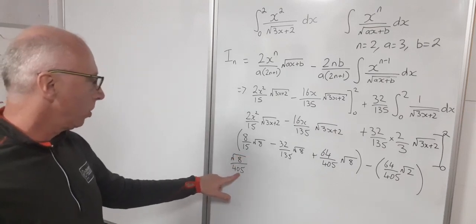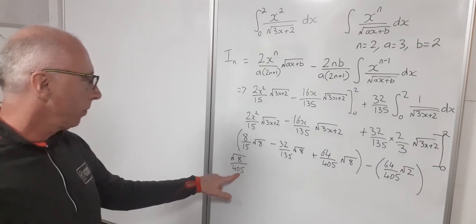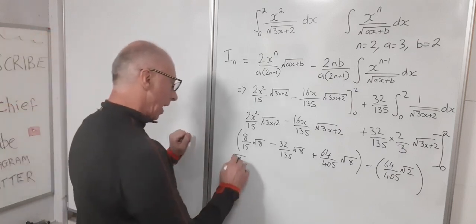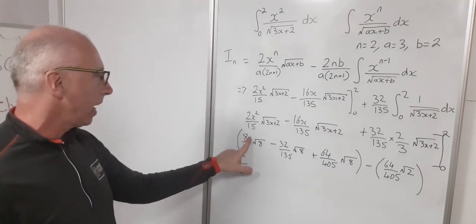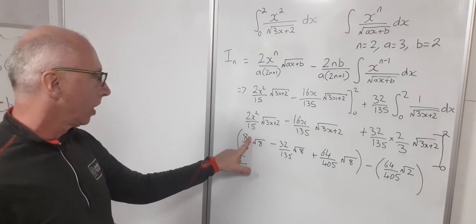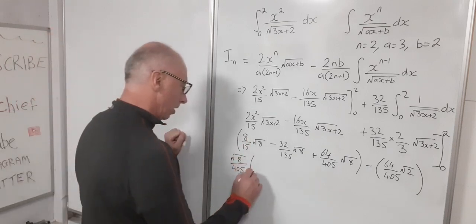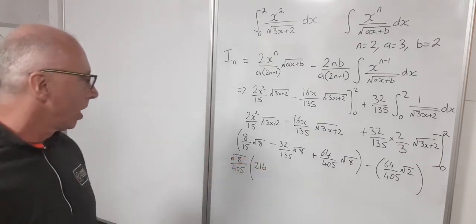Well, there's going to be 27 if I remember correctly. 3 15s are 45, take that off 30, that's 27. So that's square root of 8 over 405, and then 8 times 27, that's going to give me 216. So that's fine, that takes care of that.